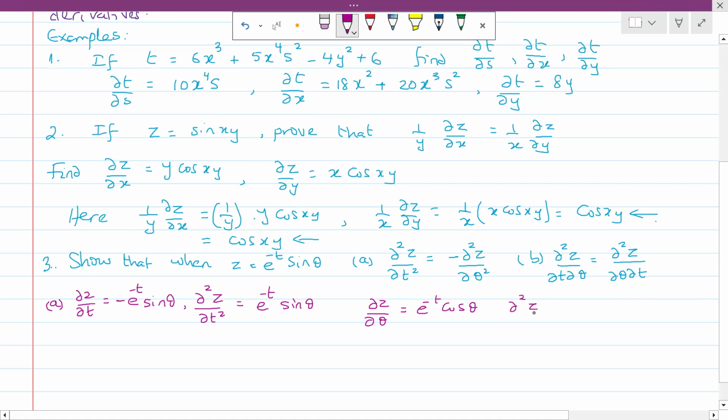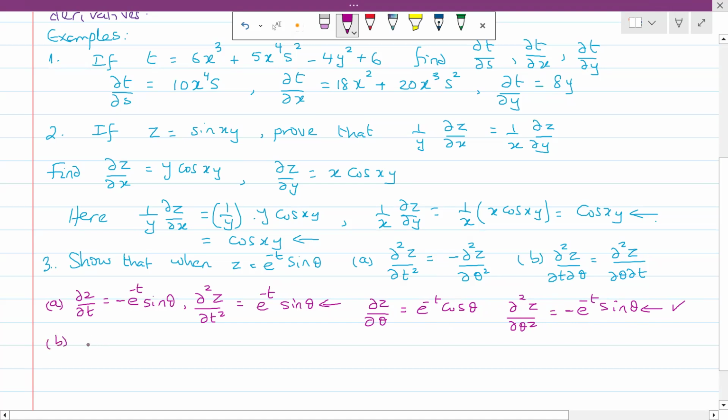And the second derivative of this is minus e power minus t sine theta, which is again equal to z. Therefore, I have worked out the first part. I have a minus here because of cos.